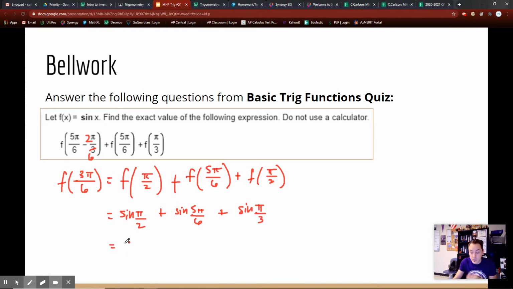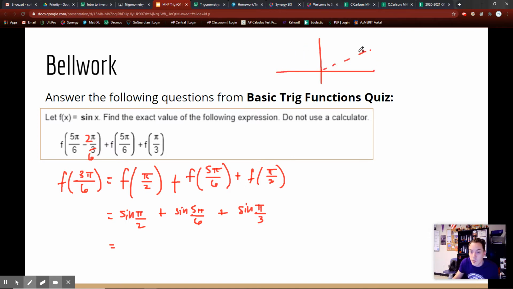Now most of what you should have in your notes is that this is a quadrantal angle, this is a special right angle, and this is something different. So let's come back to these because we should have pi over 2 and pi over 3 already in our notes. Now this, 5 pi over 6, is just going to be in the second quadrant.